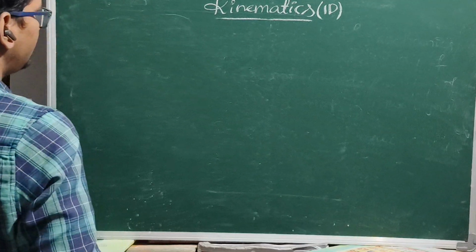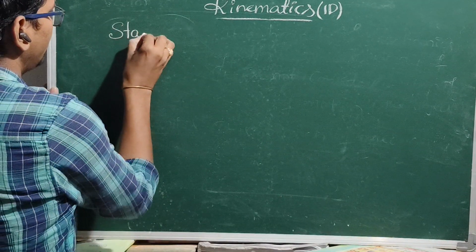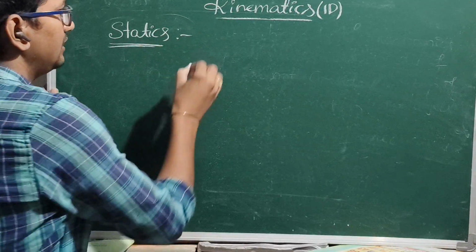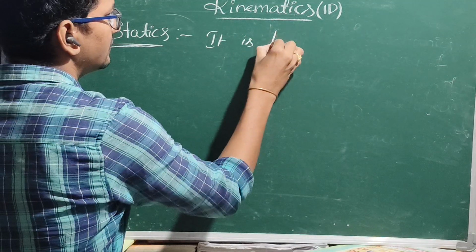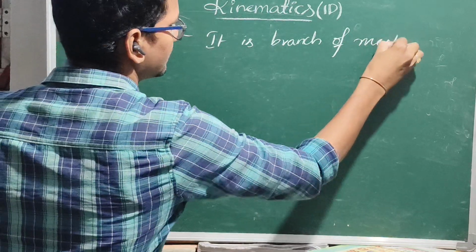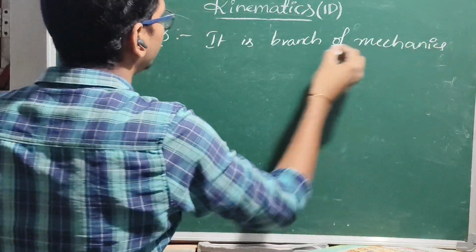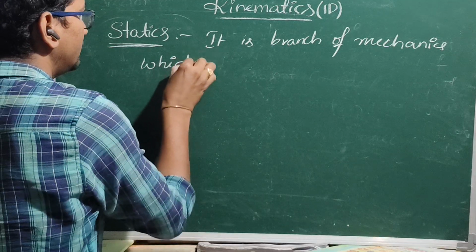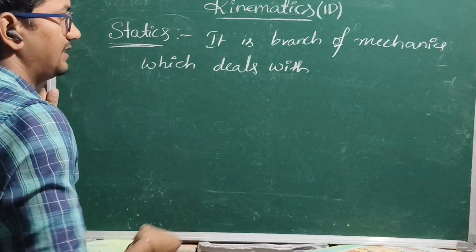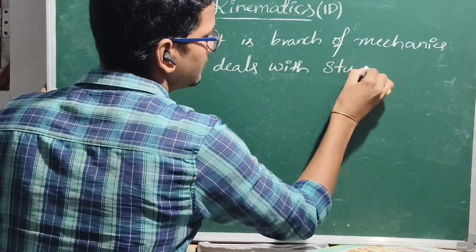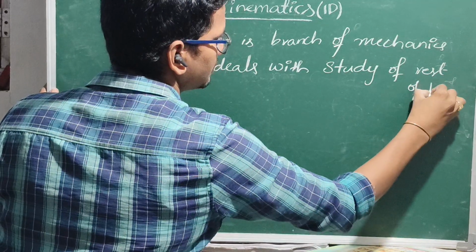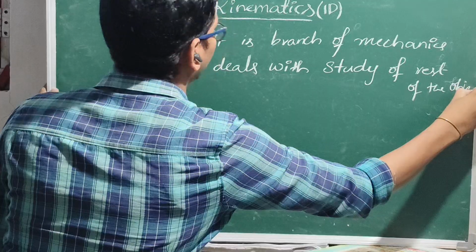Statics means it is stable, meaning when you are studying, the bodies are in the rest position. Statics is a branch of mechanics which deals with the study of rest of the objects.